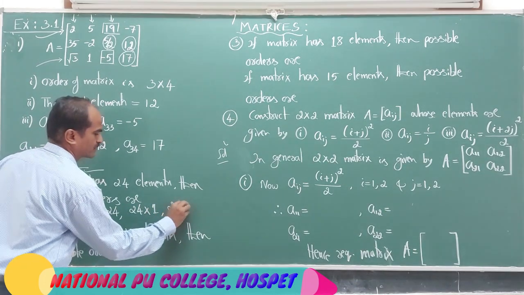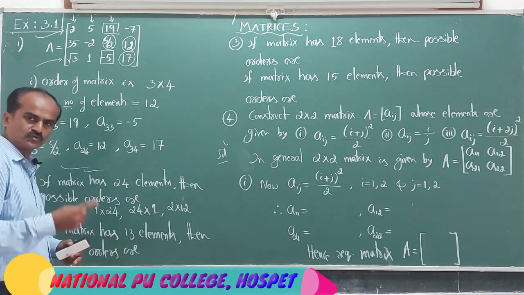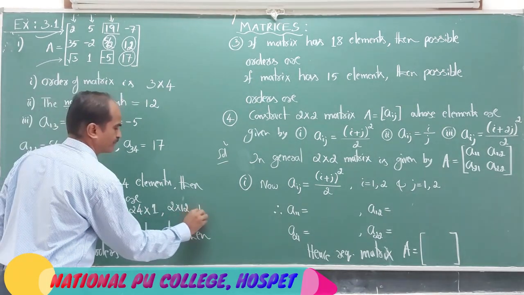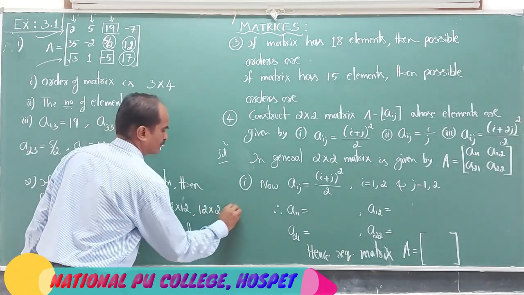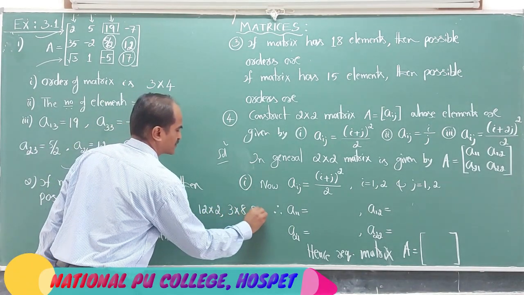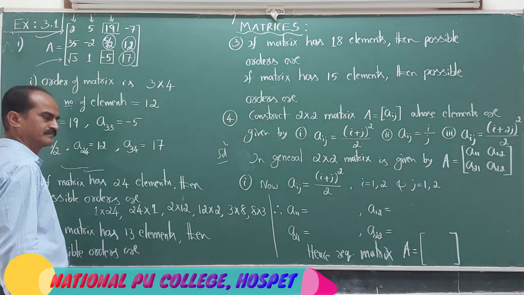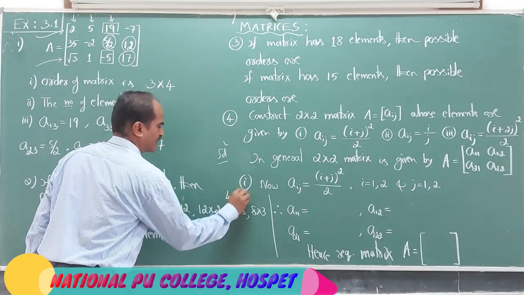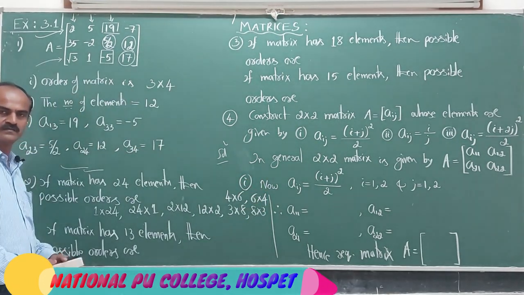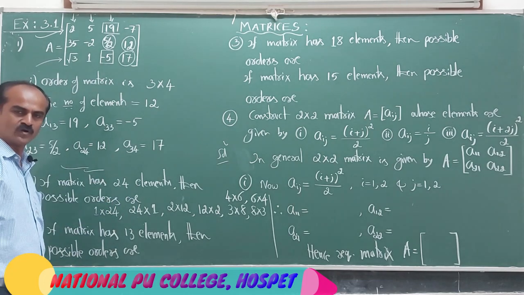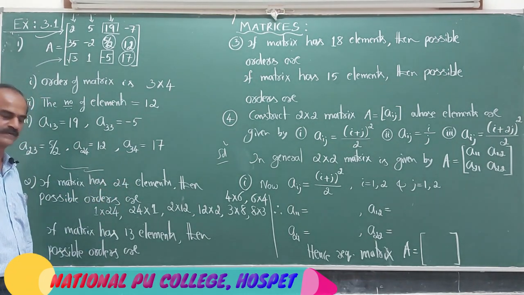I can write 2 by 12, 2 rows, 12 columns, or 12 by 2, 3 by 8, 8 by 3, 4 by 6, 6 by 4. So, these are all the possible orders of the matrix which contains 24 elements.